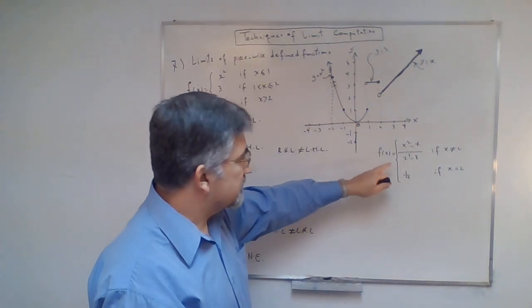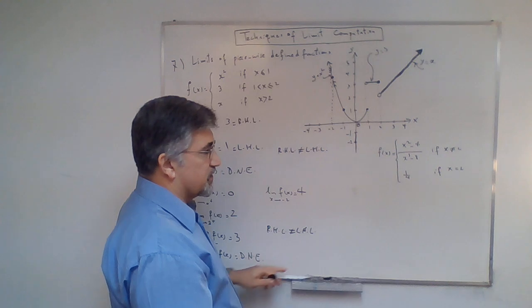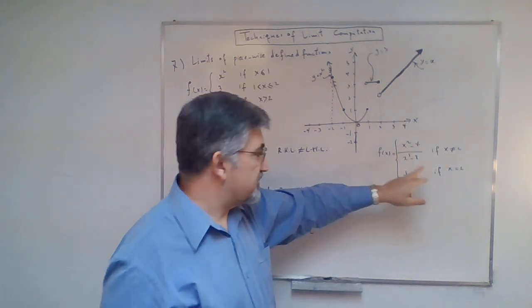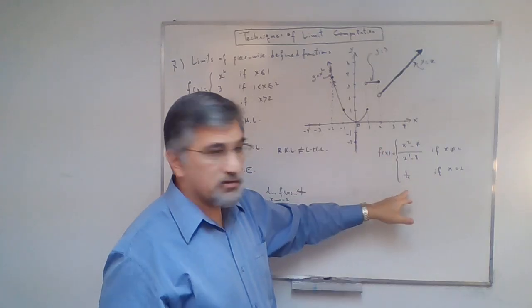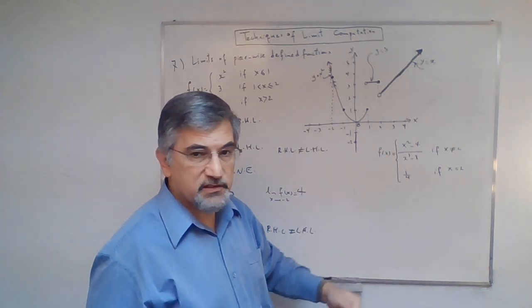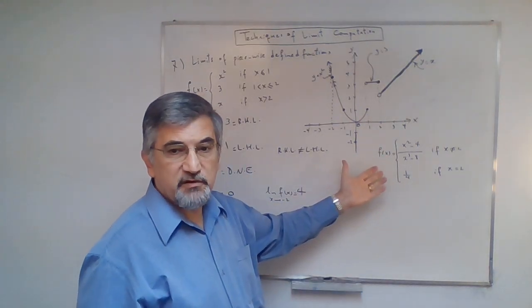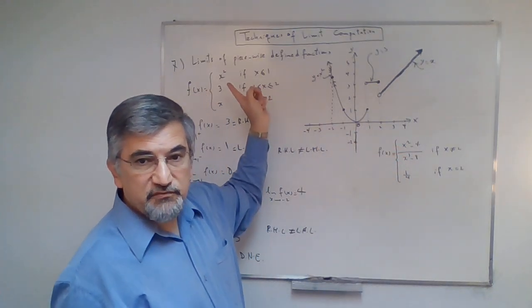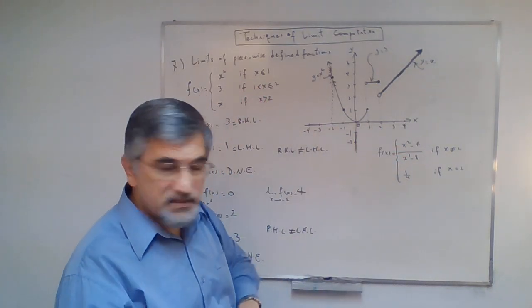Another example here, this is a rational function, and it says if x is not equal to 2, that's the definition. But if it is equal to 2, f of x is equal to 1 over 4, which is a constant. So this is another example of a piecewise defined function, but this time we have only 2 definitions instead of 3 like the past example.